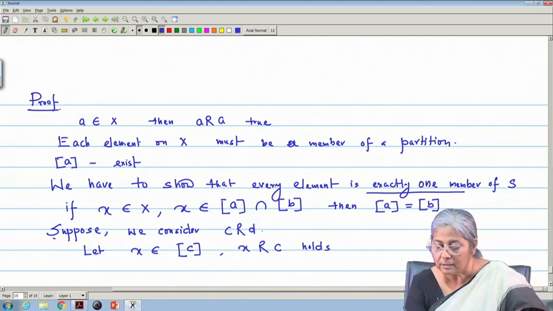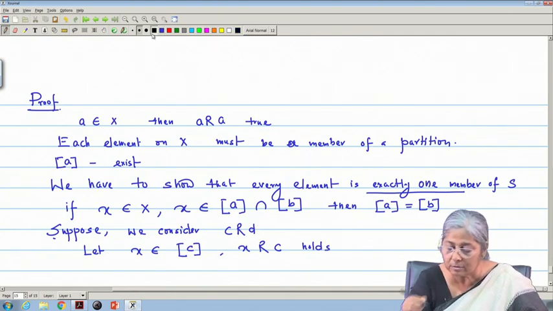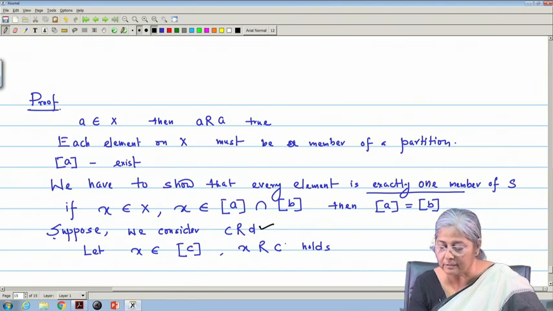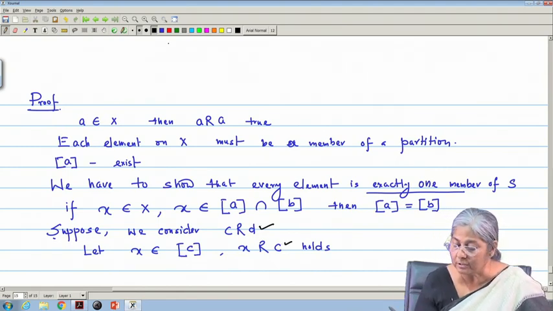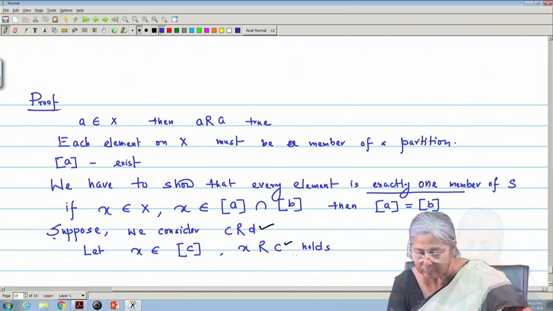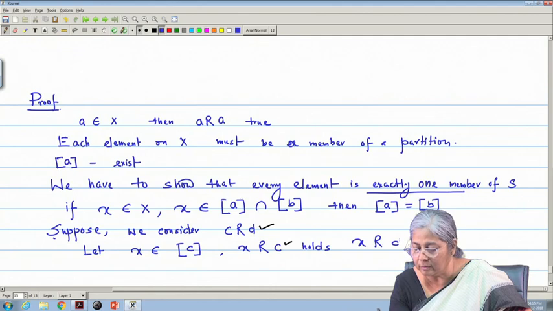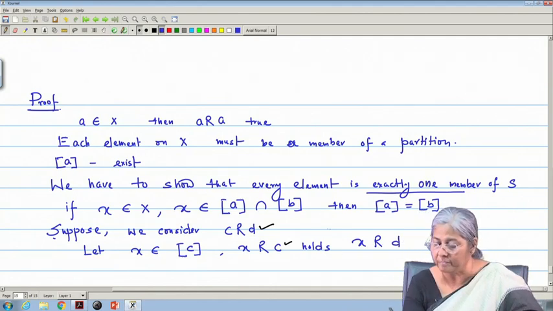Now, since C R D also holds and x R C, and it is an equivalence relation, x R D holds, since it is transitive.